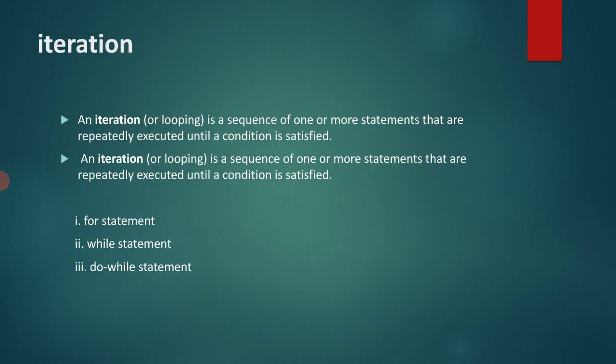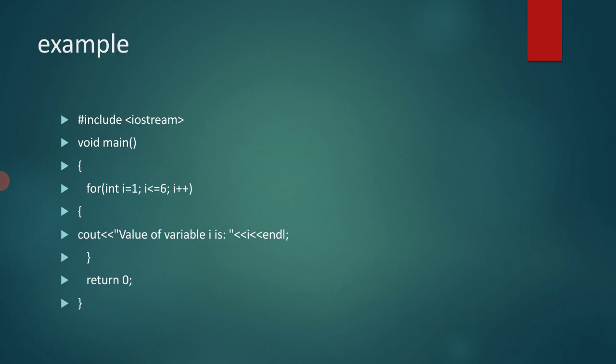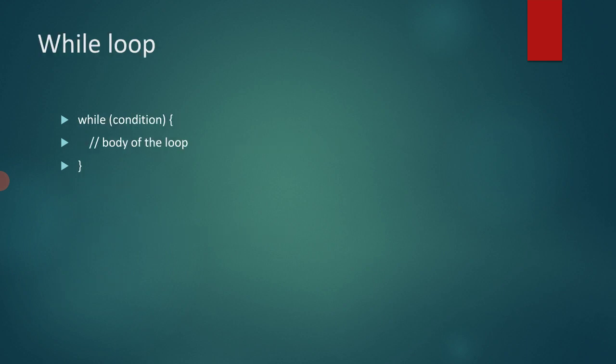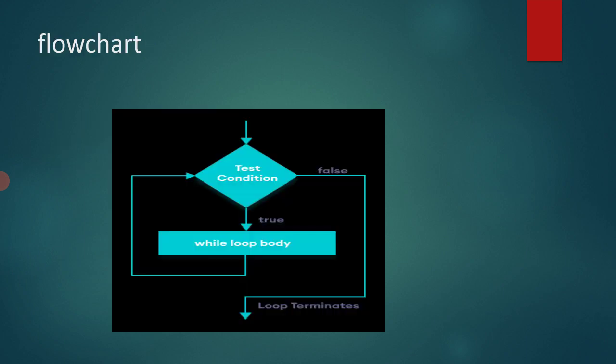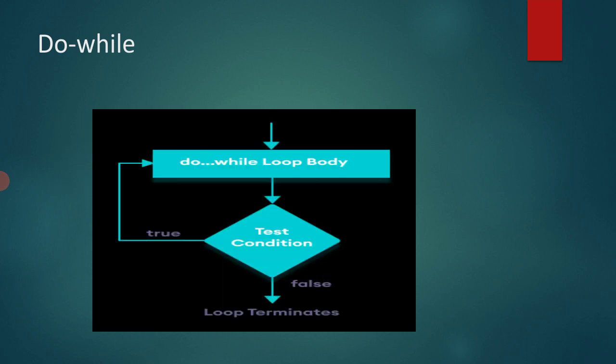So what is jump statement and why do we make use of jump statement? Inside the jump statement, we have three statements: break, go to, continue. Now why do we make use of jump statement?